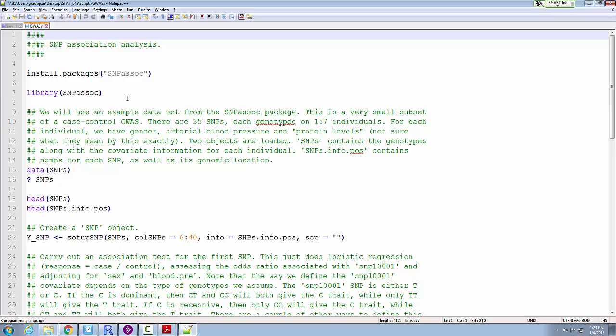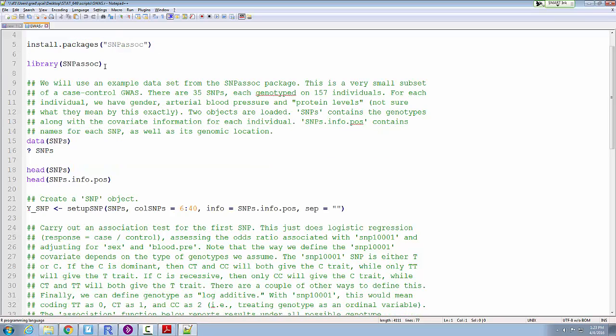So once we get that in, I'm going to show you the data that you're going to play with in the homework. This is an example data set that came with the package. It's not a real-world size data set. It's kind of a toy example. Case control, so we have a categorical response.